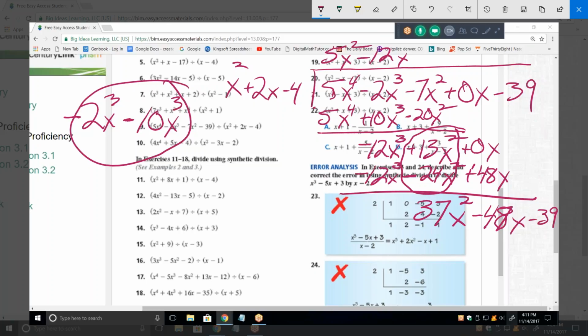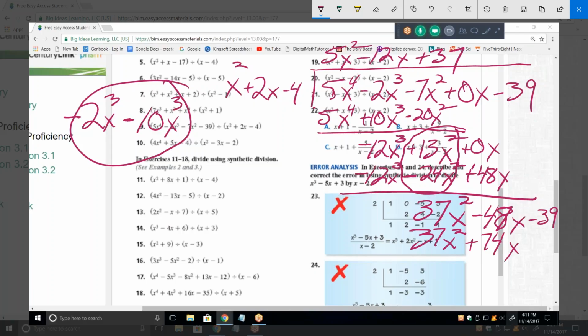Okay. And then what's the last step? Then it's a 1 or 37. Plus 37. So that is 37x squared plus 74.